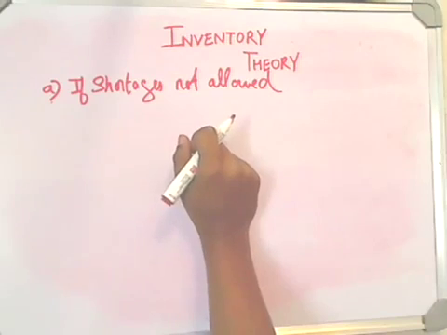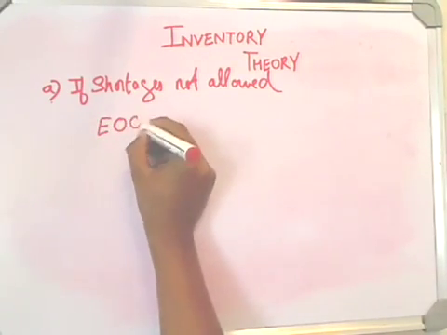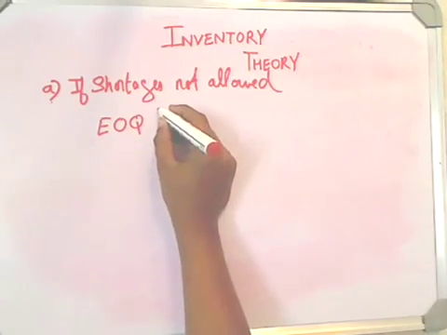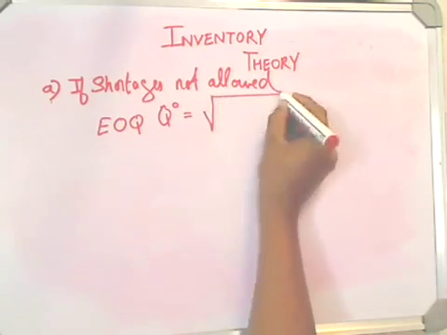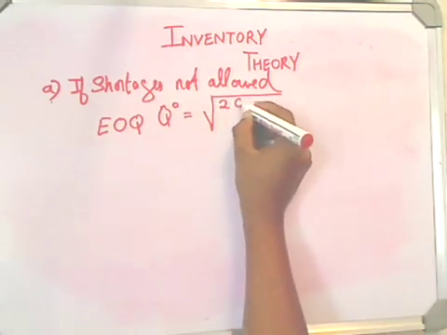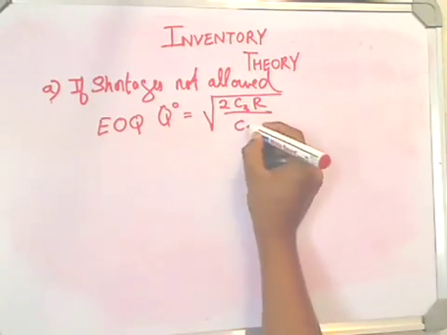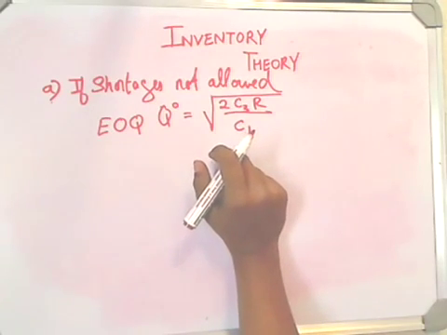Firstly, let's look at EOQ, economic order quantity. This is given as Q naught equals the square root of 2C3R divided by C1. I've not really written the data of the problem before.